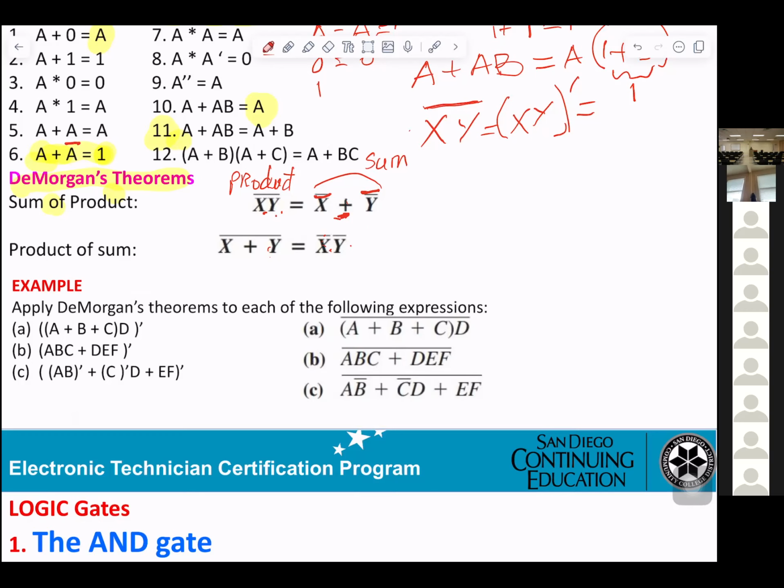Basically, A or B, A plus B plus C, times D, not.